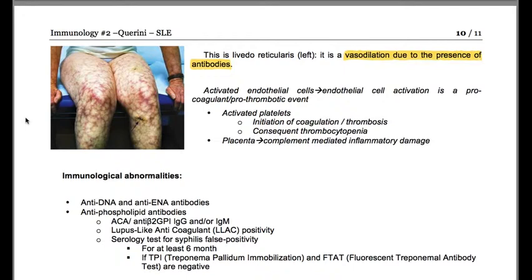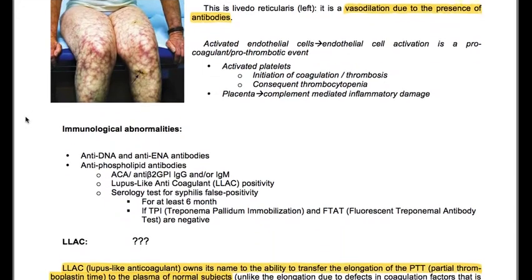The immunological abnormalities are anti-DNA and anti-ENA antibodies, antiphospholipid antibodies, so anticardiolipin and anti-beta-2-glycoprotein IgG and/or IgM, lupus anticoagulant positivity, and false positivity of serology tests for syphilis, which must persist for at least 6 months, with Treponema pallidum immobilization and fluorescent treponemal antibody tests negative.